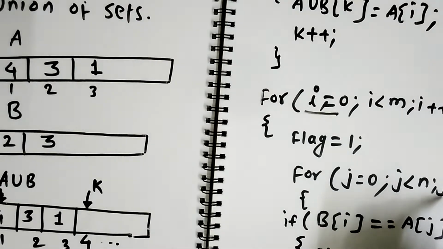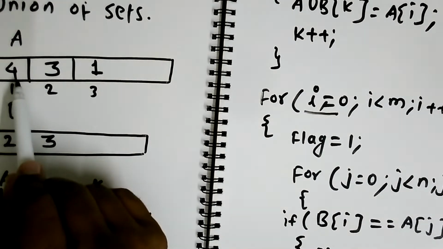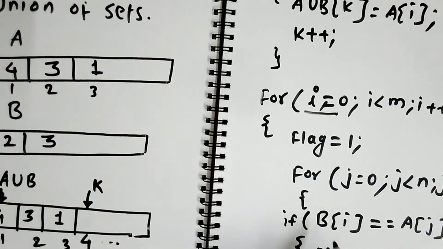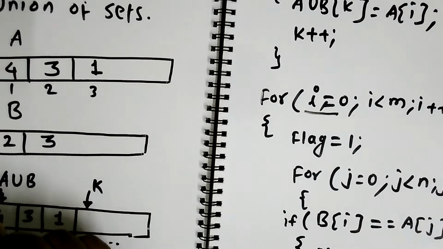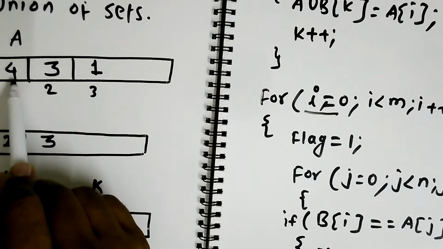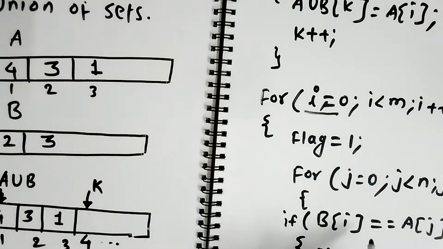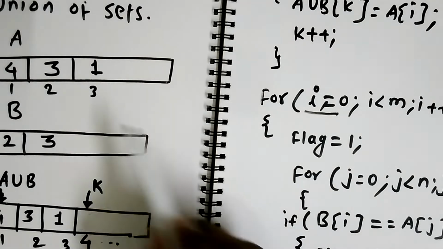So again I increment j, which means I go to the next position of array A. Again I check whether B of I, that is 1, is equal to A of j, that is 4. Again the condition is false. So I increment j, and j becomes 2.